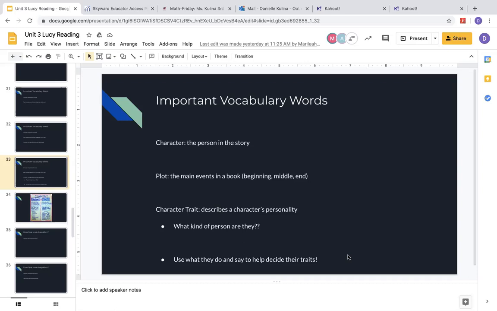Why do you think that? Why is she nice? Why is she mean? You have to use things that the character, Opal, does or says that give reason to your thoughts. If you say she's kind-hearted, why do you say that? What things has Opal done or said that are kind-hearted?